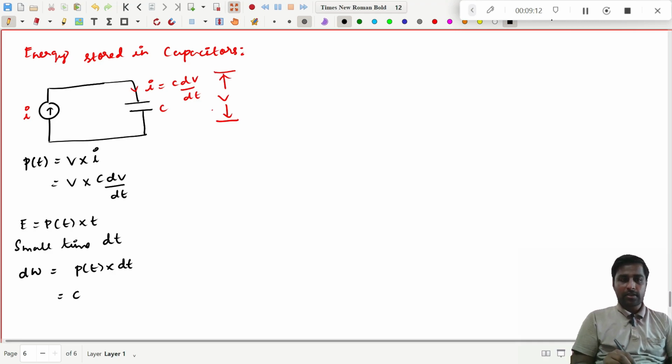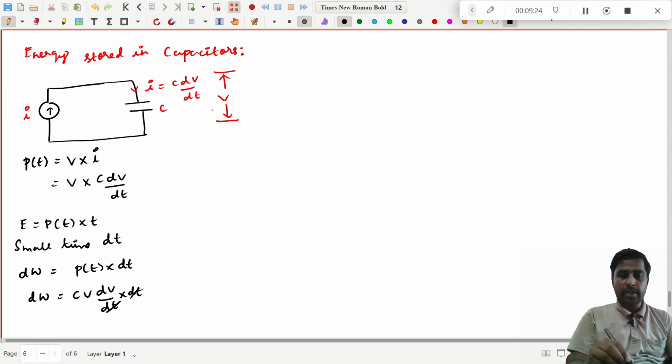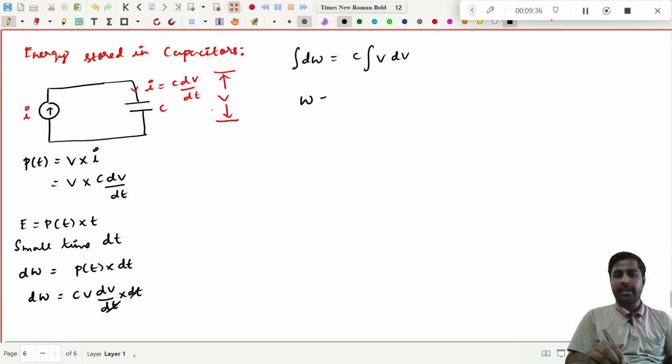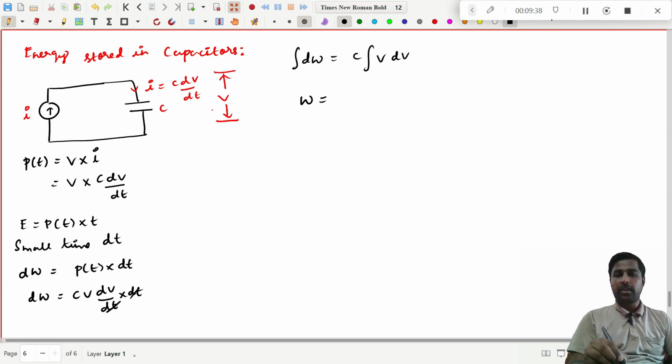So this is CV into dV by dt into dt, and this dt will cancel out. This is dW, and if I integrate on both sides, dW equals, C is constant, V into dV, so this becomes W directly.